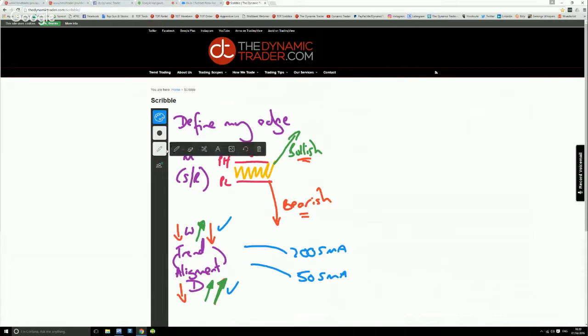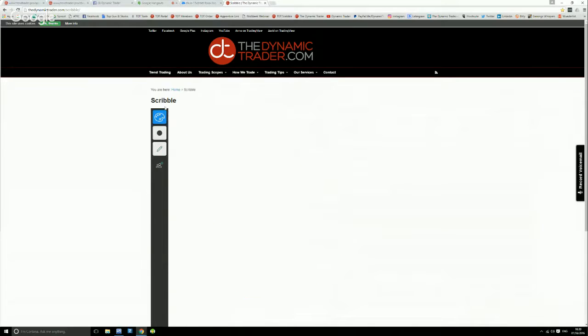Let me just clear this up now. Replay, guys, if anyone out there is taking notes. In a bull market, here is the 200 SMA, here is the 50 SMA, and here is price.